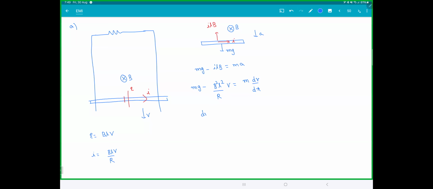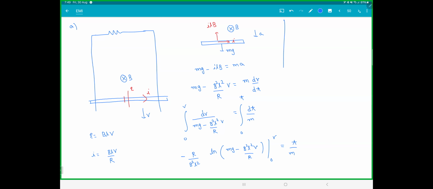Then shift that side. So dV by mg minus B square L square V by R. It looks bad, but this is an integration which you guys can handle. Integrate on both sides. Speed will be 0 to V, 0 to T. This integration will be minus R by B square L square ln of mg minus B square L square V by R. Limits will go from 0 to V is equal to T by M. So shift everything that side and put the limits here.